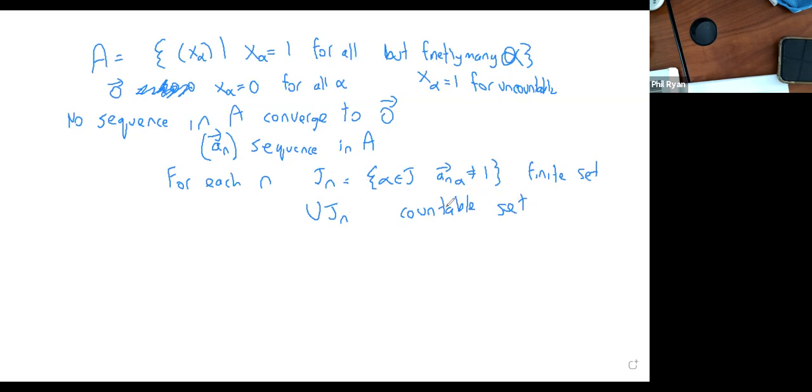So that's a countable set, but in particular, it can't be all of J. So therefore, there exists a beta element of J which is not in that union.